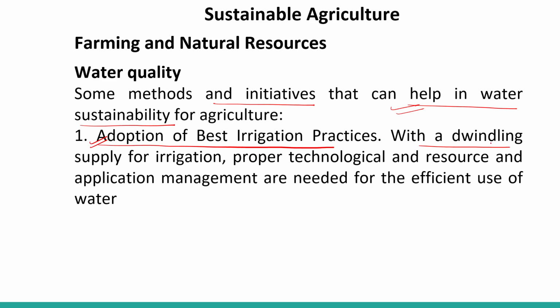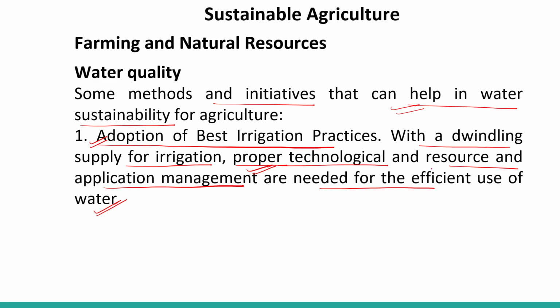With the dwindling supply for irrigation, proper technological and resource and application management are needed for the efficient use of water. So according to the water resource availability, the type of irrigation should be changed according to the water availability.